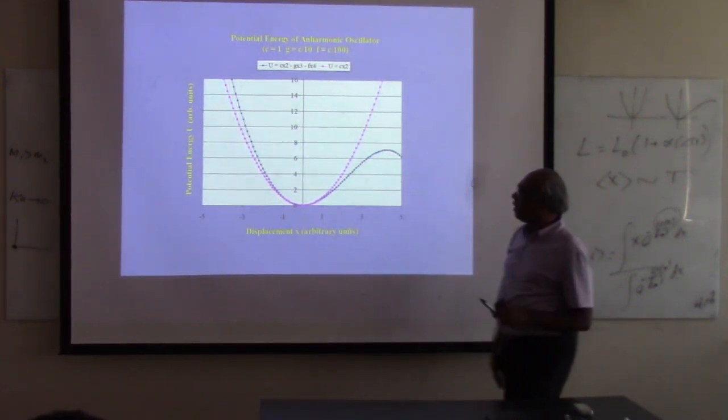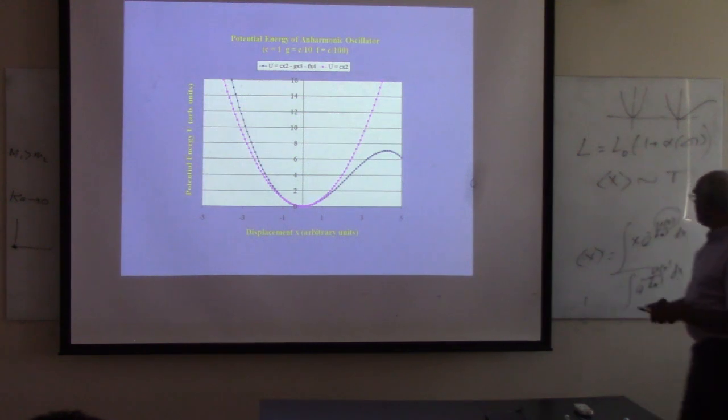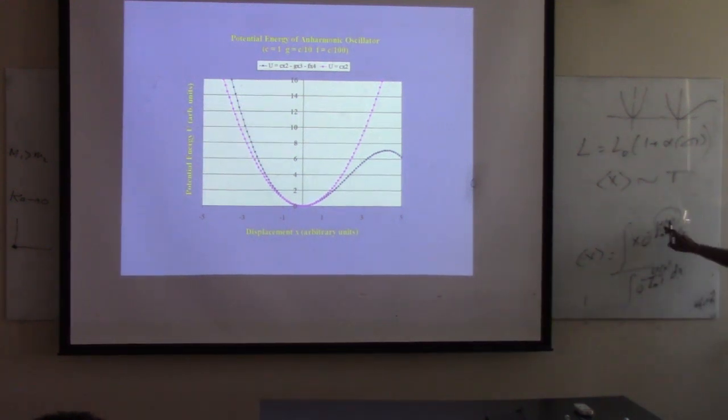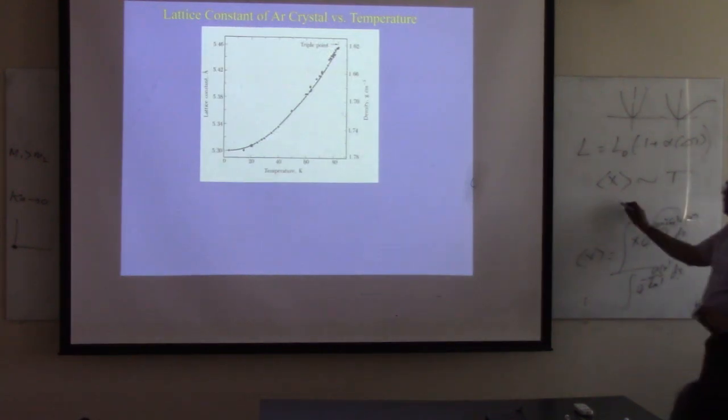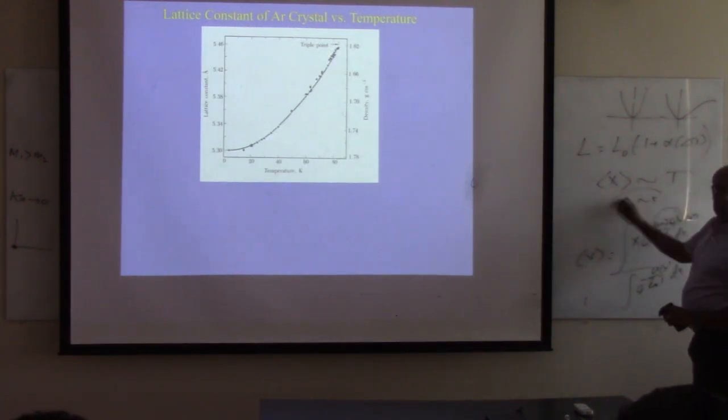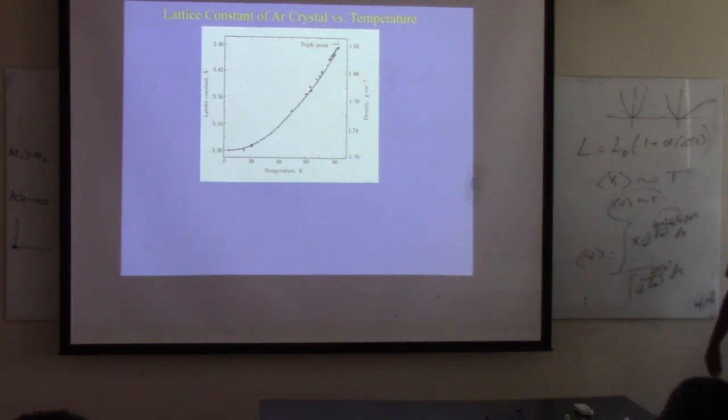Now it has anharmonicity. Now you can go ahead and calculate your average value. U becomes a x squared plus b x cubed plus c x to the fourth, something like that, right? If you do this integral, I will give this one as a homework problem. You can easily do a simple integral, right? If you do that, you get your x bar goes like T. So that explains the T dependence.